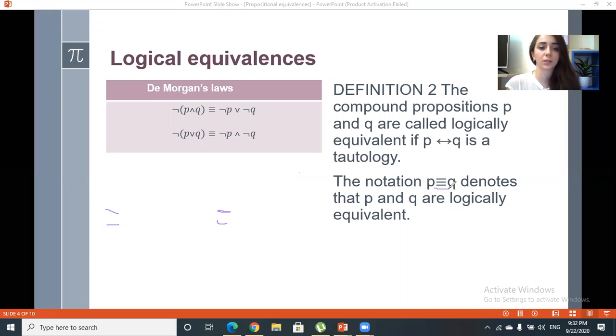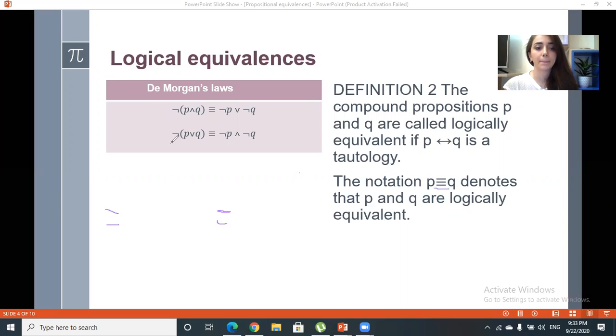Here are the De Morgan laws. Here we show that the conjunction of P and Q is in the brace, and behind this brace there is a negation. If we use De Morgan's law, both substatements will be negated, negation P and negation Q, and the conjunction will change, it will become a disjunction.